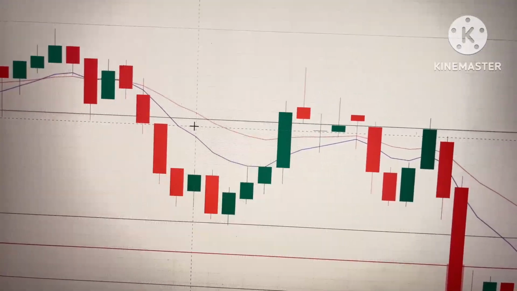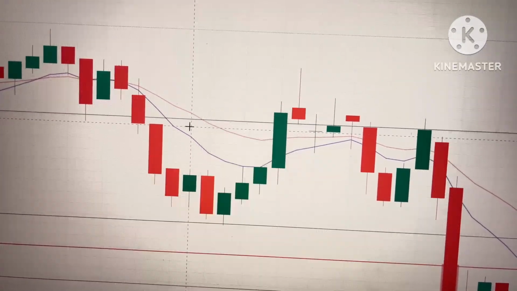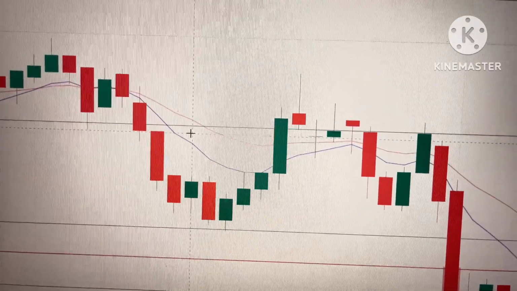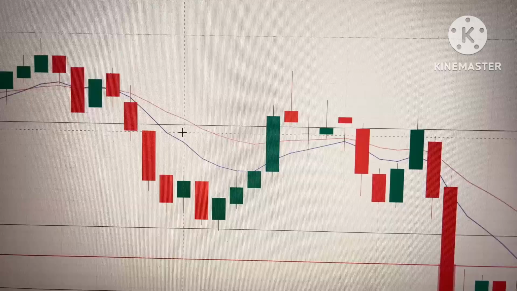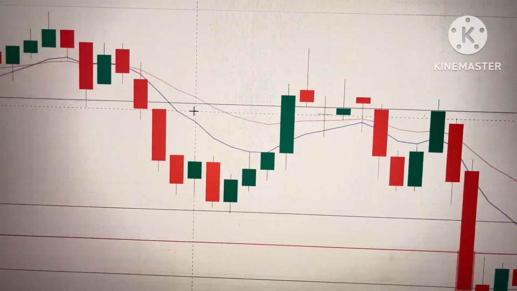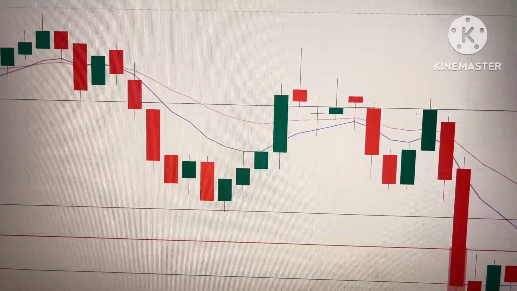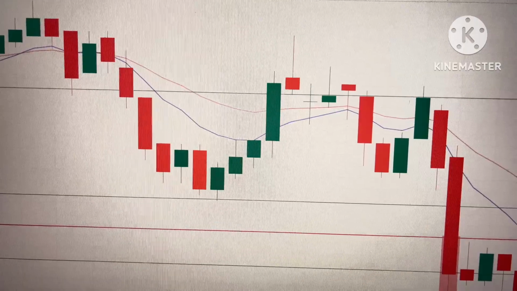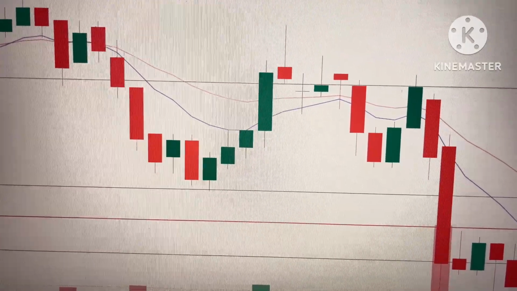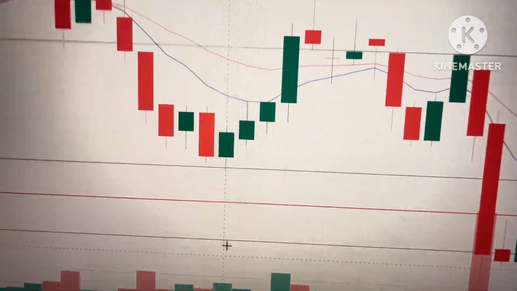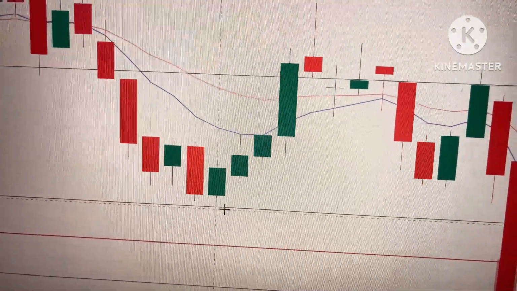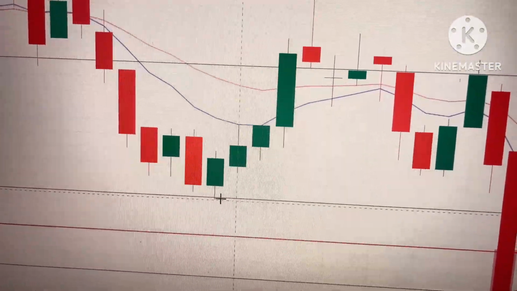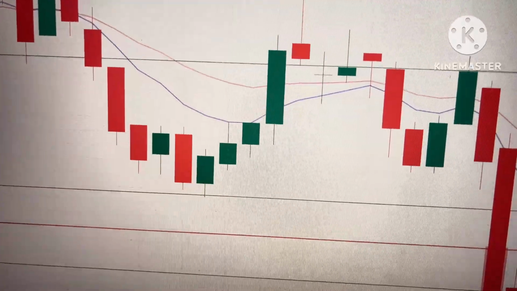Nothing is 100% over here, but it gives you an idea how to understand the levels and how to trade smartly. Now let me use the brush over here. This particular line we already drew looking at the top and the bottom of the day chart. So there are multiple lines that we drew.